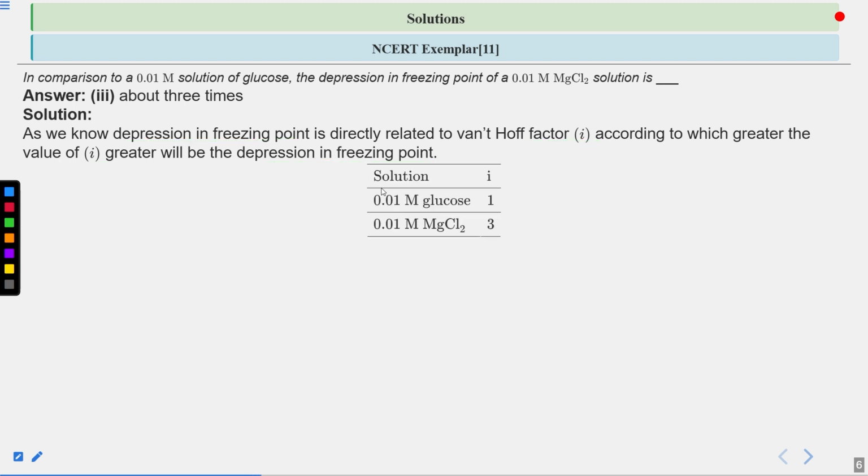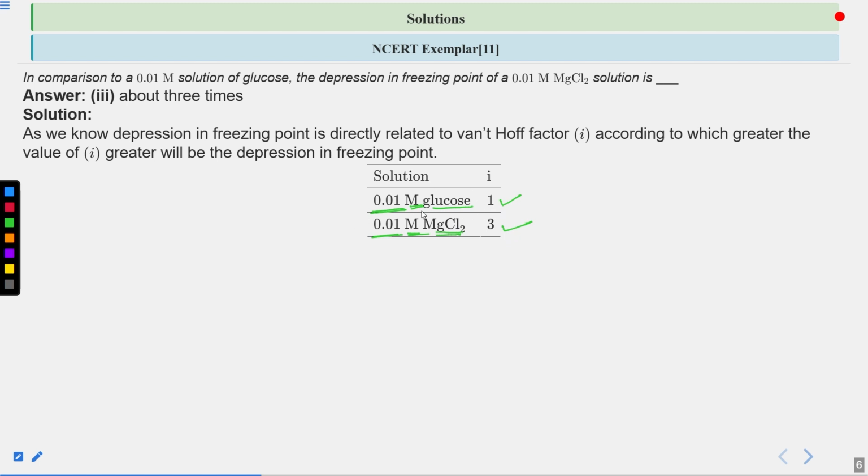Okay. So the solutions are 0.01 molar glucose and 0.01 molar MgCl2. Their respective van't Hoff factors are: 0.01 molar glucose has an i value of 1, and the 0.01 molar MgCl2 solution has an i value of 3, right?